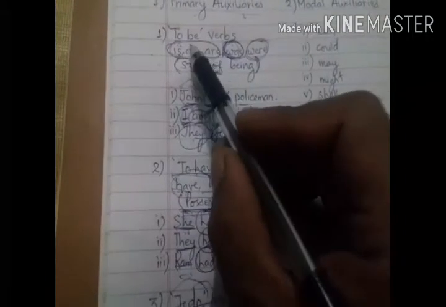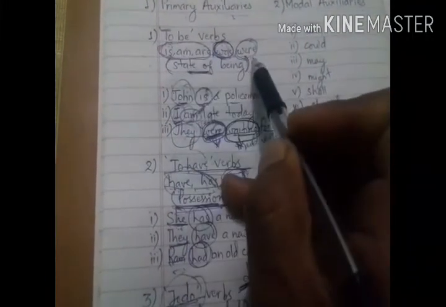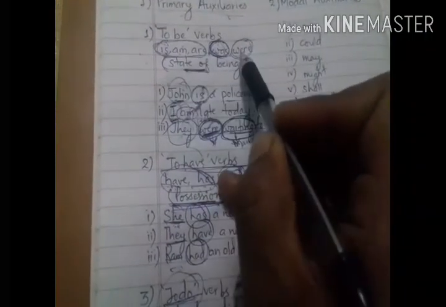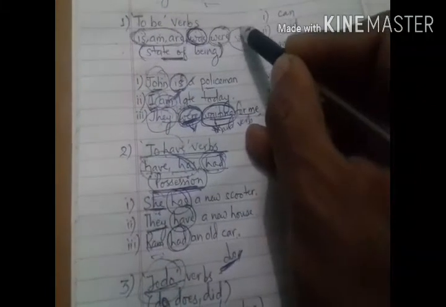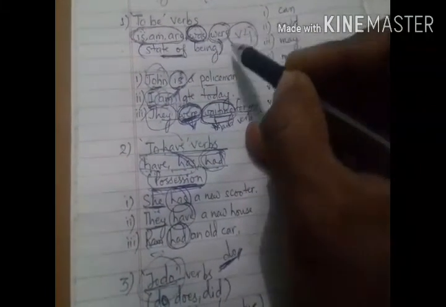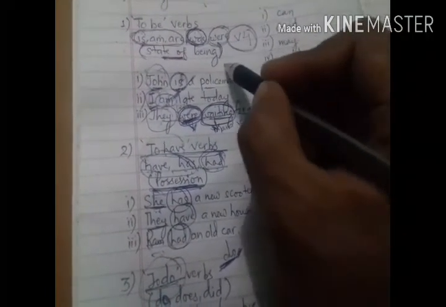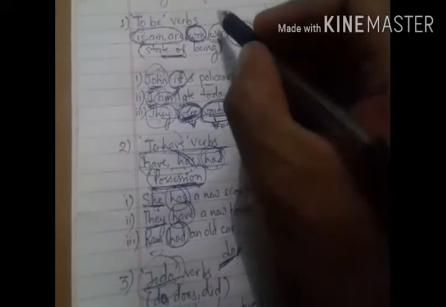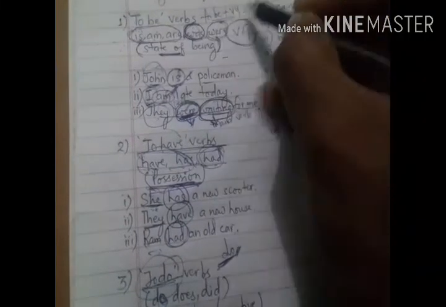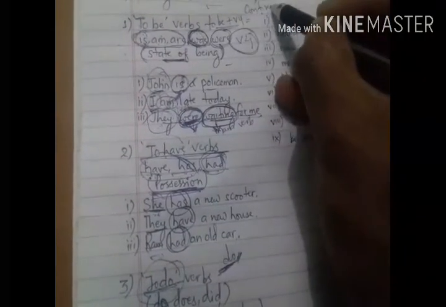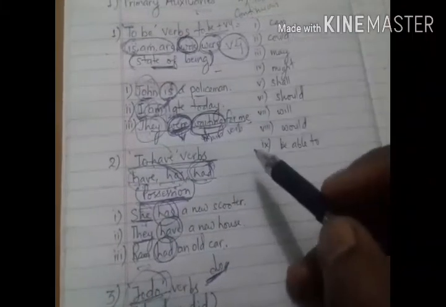Now let us again start discussing from the first, the group of to be verbs: is, am, are, was and were. They are used as helping verbs with verb-ing. Whenever they are used as the helping verb, they need the main verb with ing, and to be plus verb-ing makes continuous tense, or you can also say progressive tenses.